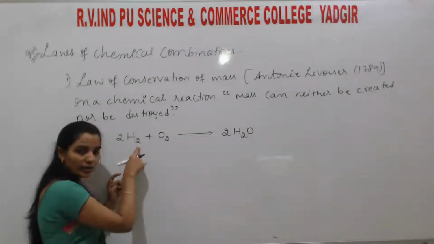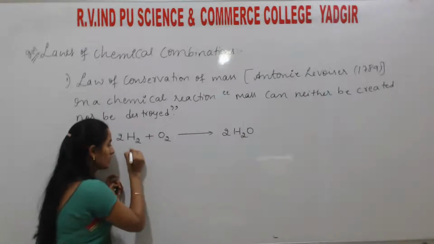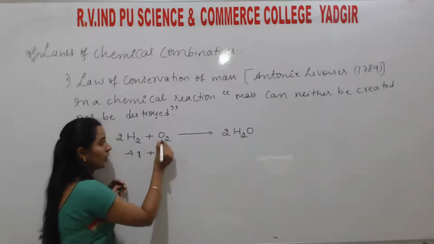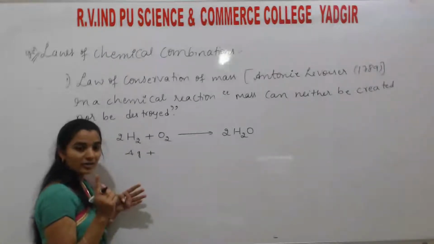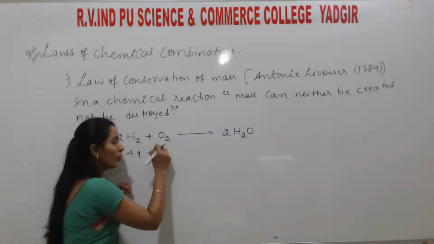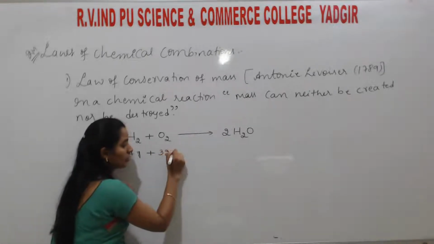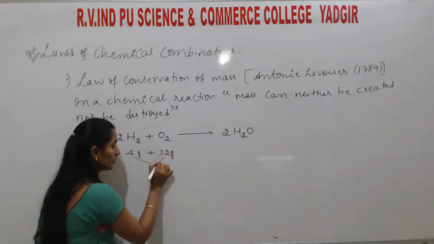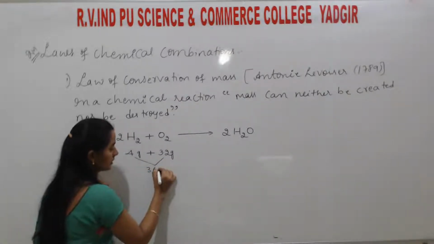Here 2 twos are 4 hydrogen. So atomic mass is 4 gram. Plus oxygen molecule. One oxygen is 16 gram. Atomic mass of oxygen is 16. Here O2 is there. That means 32 gram. If you add both, you will get 36 gram.